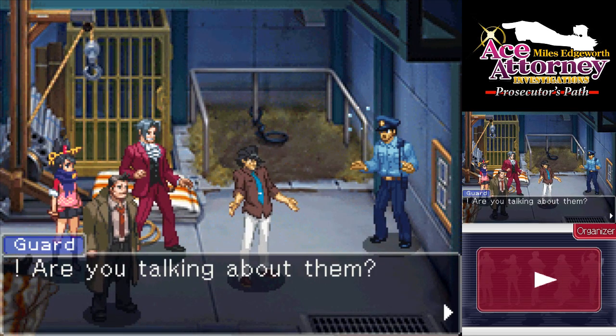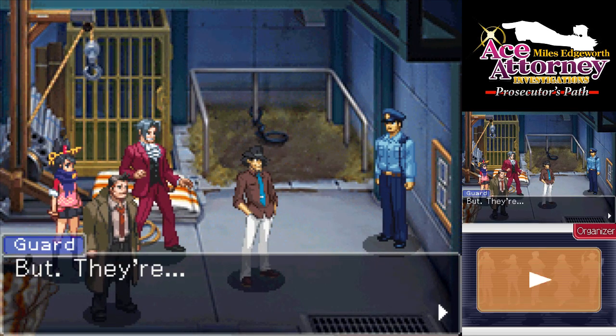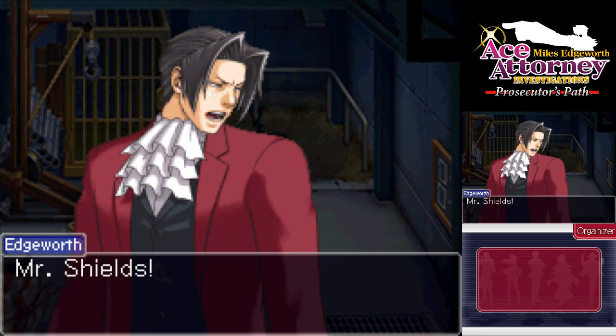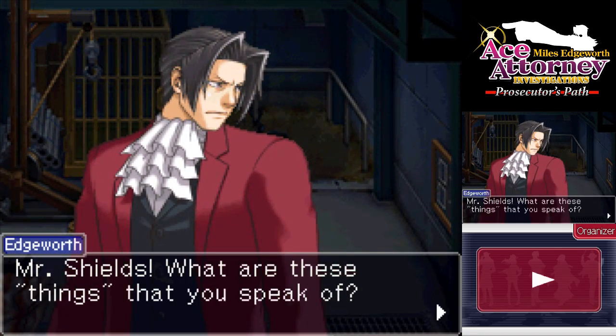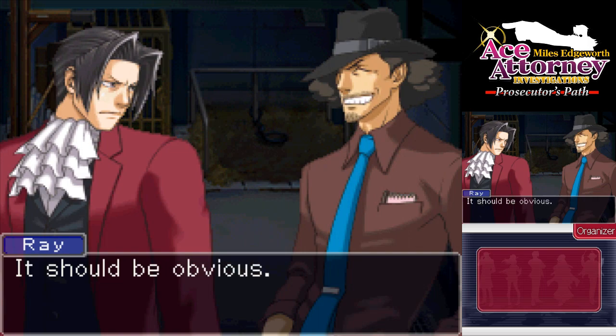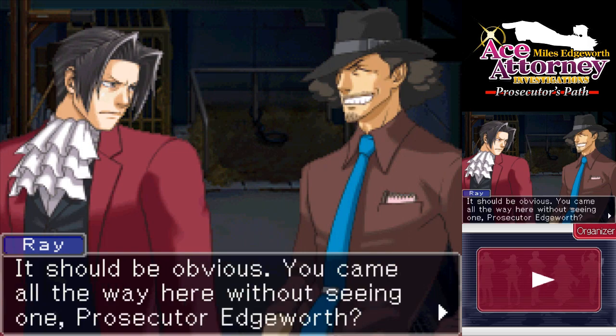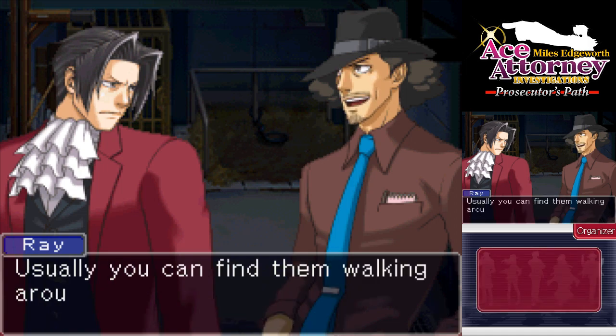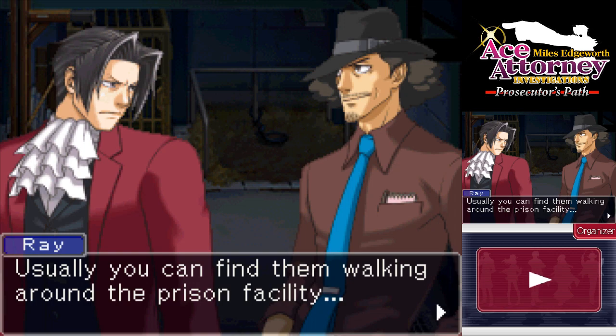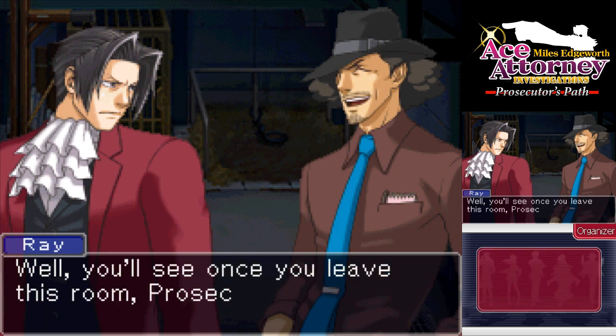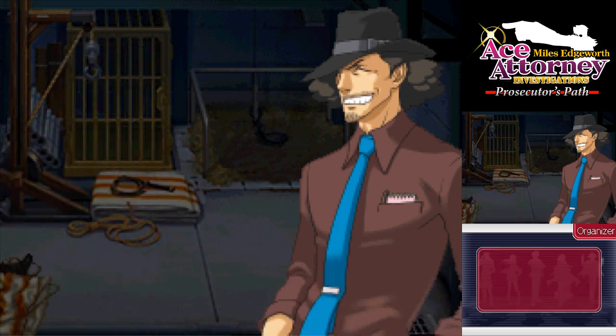Are you talking about them? But they're... Mr. Shields, what are these things that you speak of? It should be obvious. You came all the way here without seeing one, Prosecutor Edgeworth? Usually you can find them walking around the prison facility. Well, you'll see once you leave this room, Prosecutor Edgeworth.